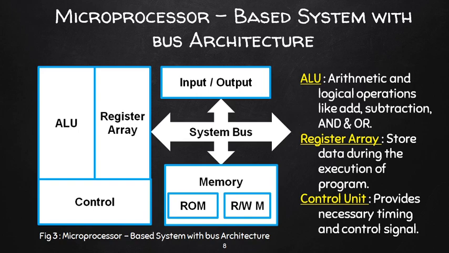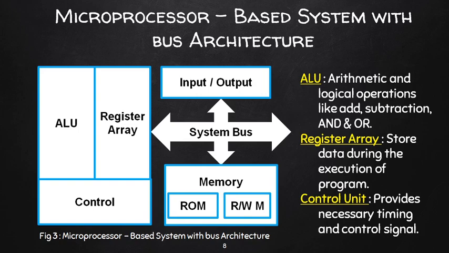The next block is the control unit. It provides the necessary timing and control signals to all the operations in the microcomputer. It controls the flow of data between the microprocessor and the memory, and also the input and output peripherals.